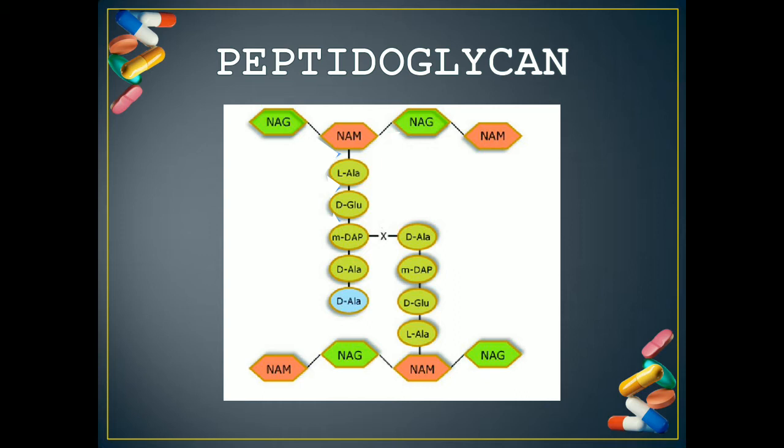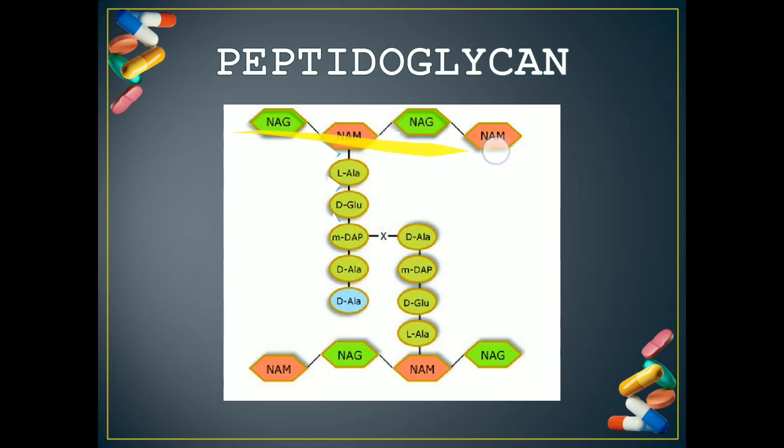Now from the NAM, that is N-acetyl muramic acid, we have an amino acid chain that is linked. It is usually a pentapeptide chain, which then later becomes a tetrapeptide during the bonding. Again, that is outside the purview. So let us just say that the NAM has a peptide chain attached to it. Or we can see here that there are several amino acids which are in conjunction with the NAM unit.